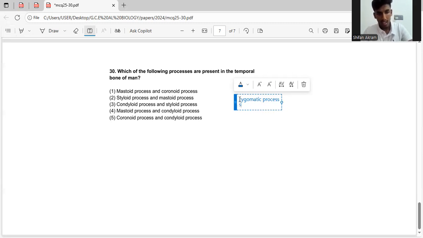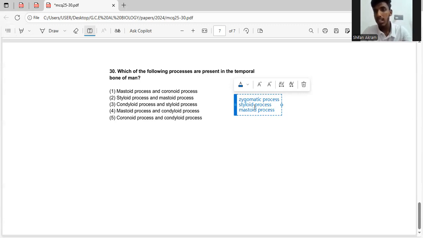Then we have the styloid process. The styloid process provides an anchor for the tongue and the throat area. Then we have the mastoid process. The mastoid process is found behind the ear, which allows for articulation with the neck muscles.